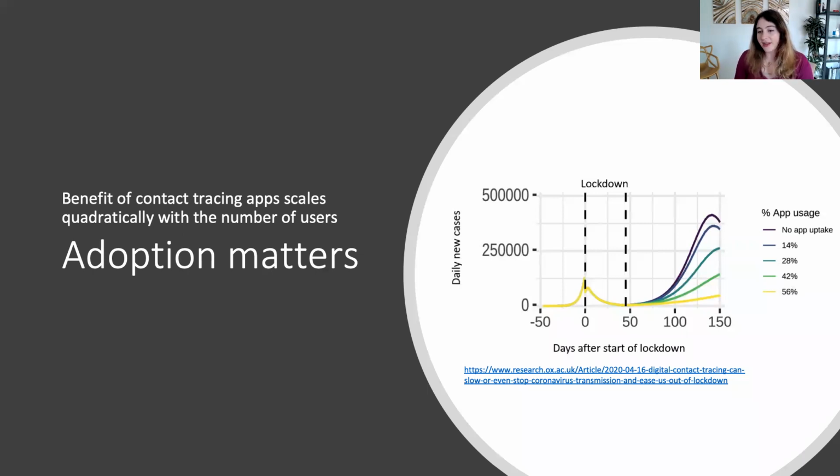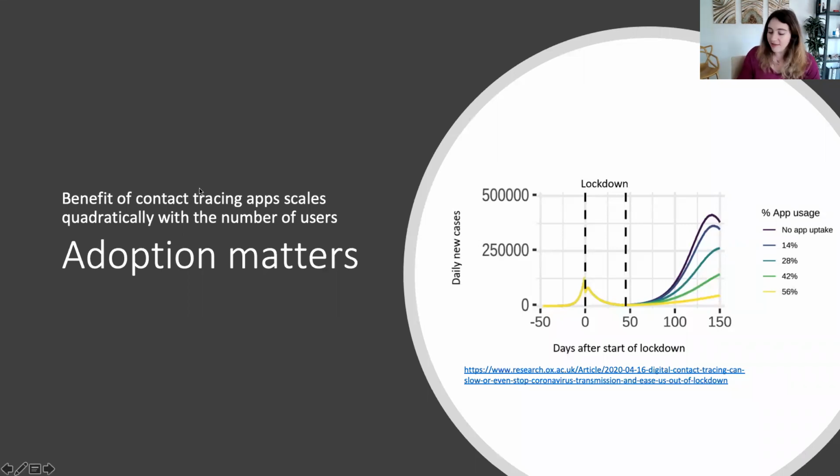And so this chart that I have here on the right is from some early research put out by the University of Oxford, where they were trying to model how a particular prevalence of app uptake in a population might influence the number of cases. So as app uptake increases, as we go toward the yellow bar, we see that the number of new cases decreases and that this decrease is exponential.